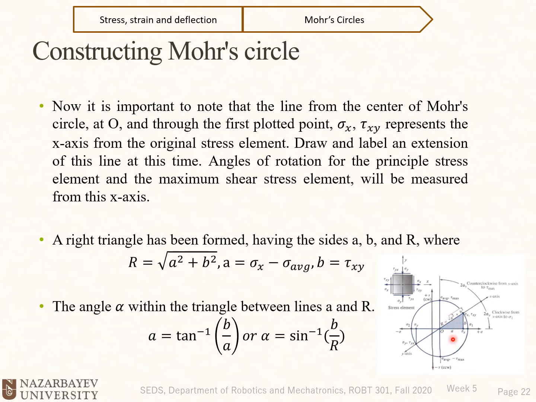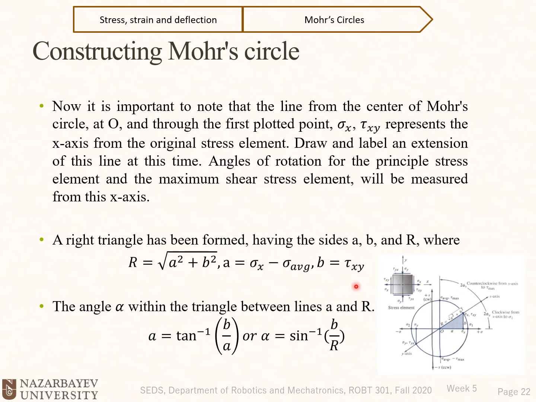Between the A and R, the alpha is tangent inverse of B divided by A, or alpha is sine inverse of B divided by R. Again, have your paper and pen and try to construct a Mohr circle.